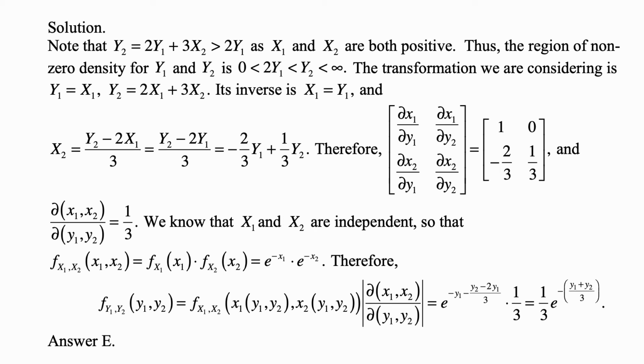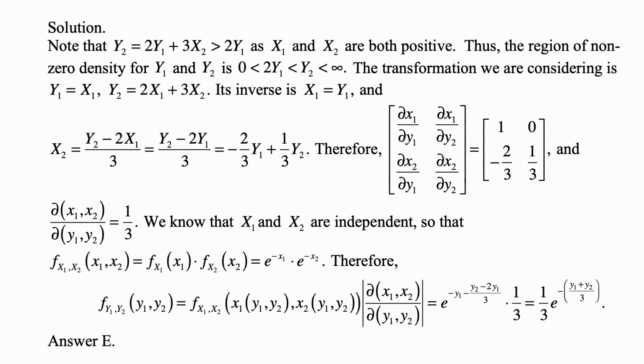So we know that x1 and x2 are independent, so the joint density of x1 and x2 is just the product of marginal densities, which is e to the minus x1 times e to the minus x2. The joint density of y1, y2 is just the joint density of x1 and x2 applied to the x1 and x2 that correspond to that y1 and y2 pair, times the absolute value of the determinant of the Jacobian matrix.